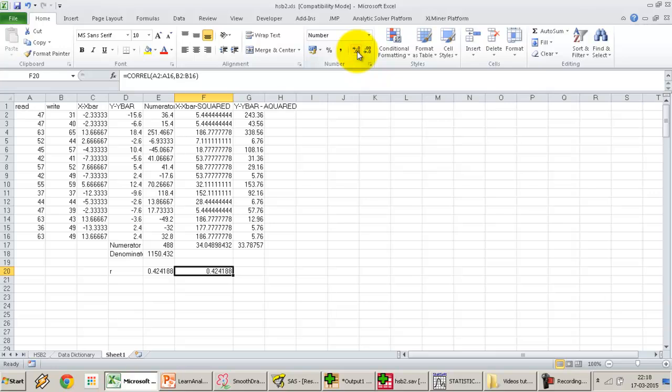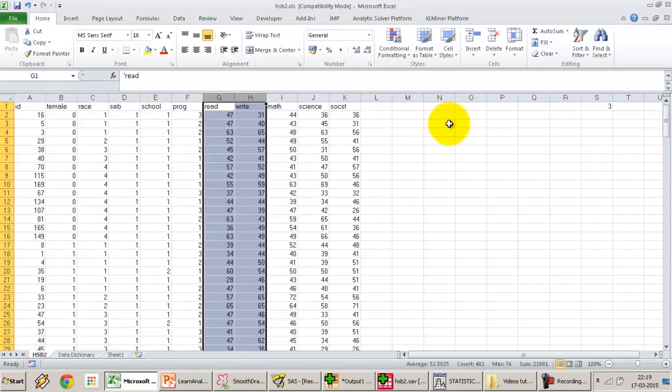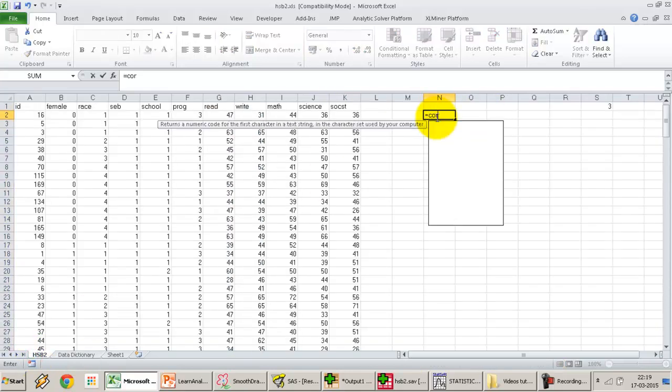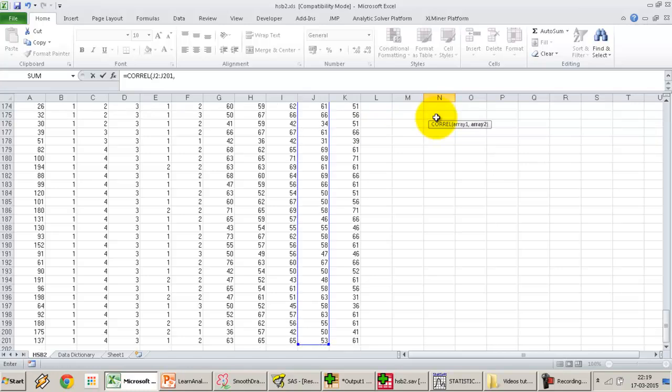So no particular need to calculate the numerator and denominator separately. This was done just to demonstrate how the formula works and how we implement it. But Excel has a built-in formula, so you just use it as equal to CORREL and then calculate it. So let's look at the correlation for, let's say, science and social studies. I look at science over here.